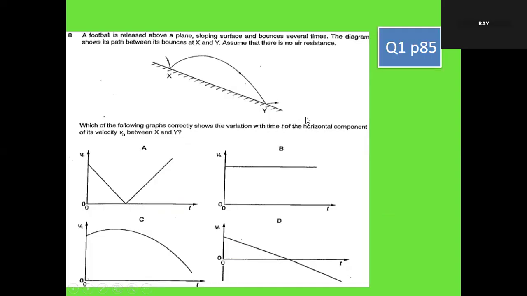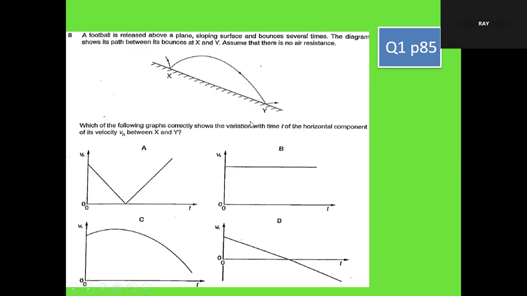We have solved this one. See whether you can remember. What's the answer for this one? A football is released above a plane sloping surface and bounced several times. The diagram shows the path between the bounce at X and Y. Assuming there is no air resistance, which of the following graphs correctly shows the variation with time t of the horizontal component of velocity VH between X and Y?